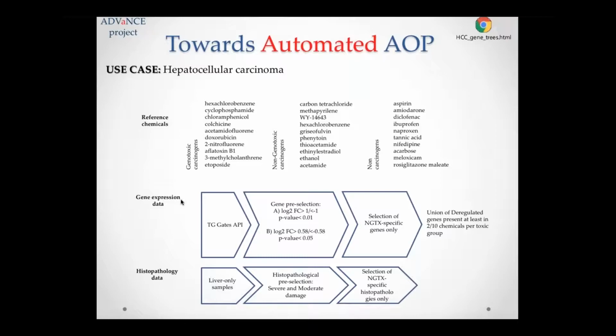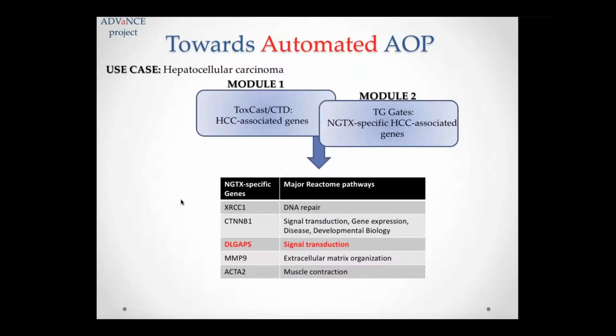For histopathological data, the workflow is that we focus more on severe and moderate damage, which was detected after exposure to these chemicals, and then we try to select again the non-genotoxic specific histopathology.